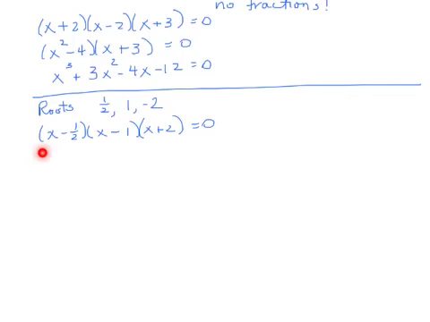Now, I really don't want to FOIL 1/2 with any of this stuff yet, so let's save the fraction for later. X minus 1/2, we're going to FOIL x minus 1, x plus 2, so we've got x squared. And if you can do part of this mentally, more power to you. And I am going to do it mentally. You write it out if you need to.